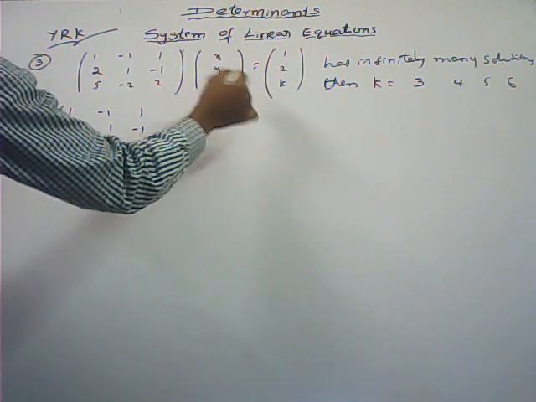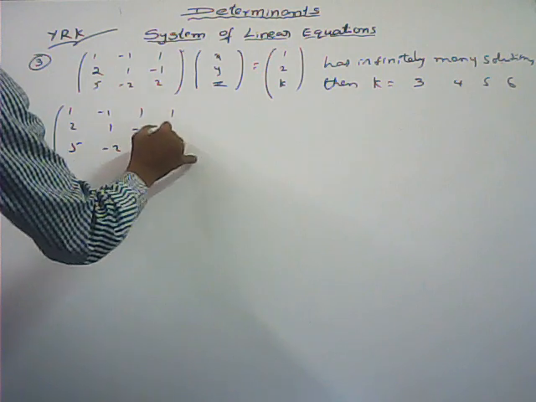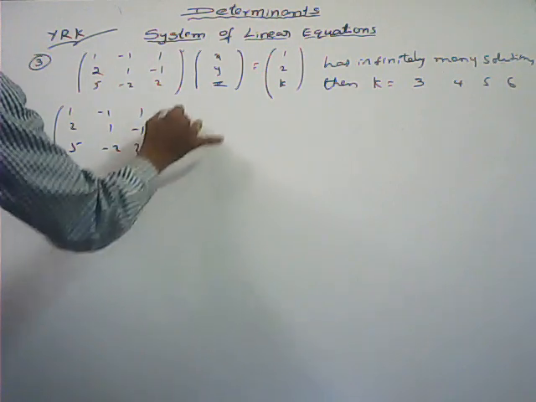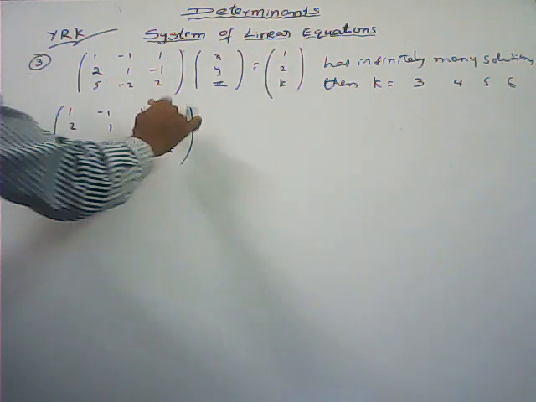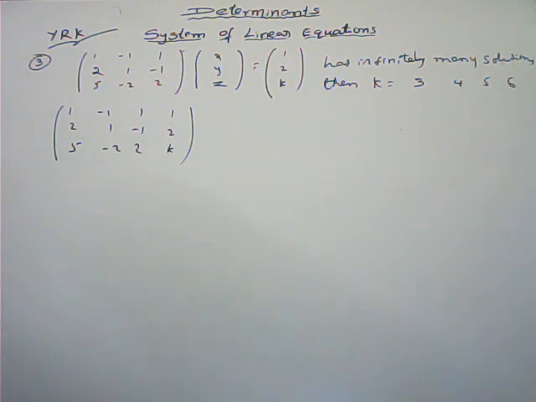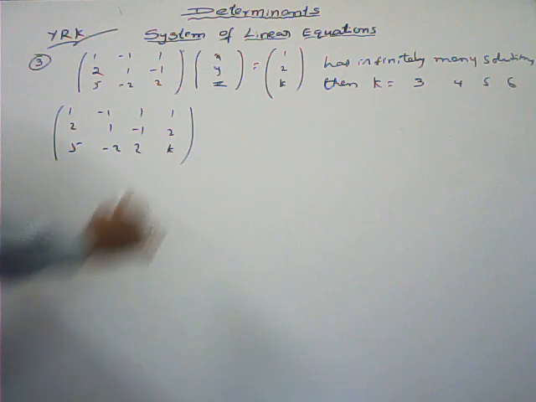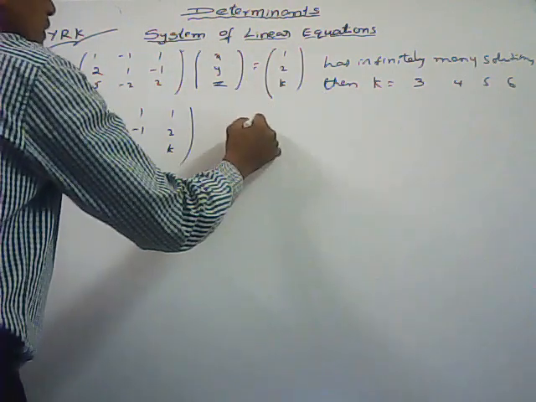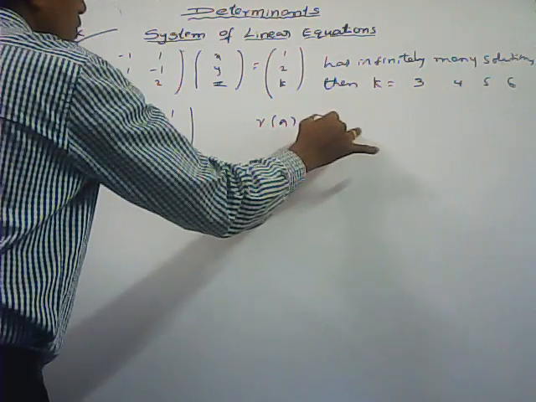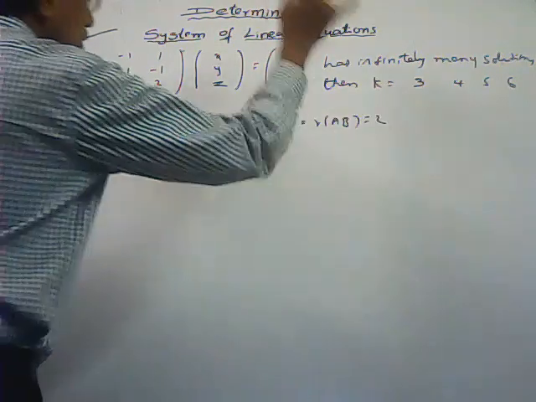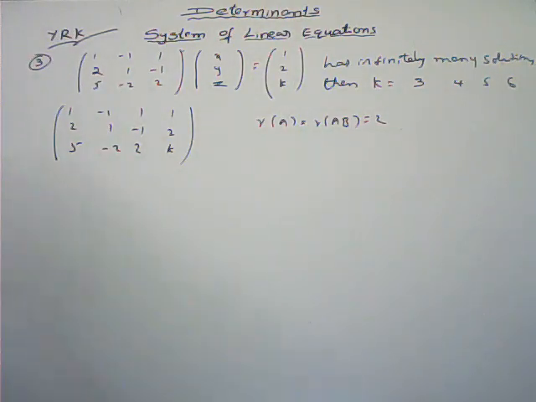And what about the constants? Those are the constants. This is the augmented matrix. Now it has infinitely many solutions. Here also the same thing: the rank of A is equal to the rank of the augmented matrix, both equal to 2. Only 2 non-zero rows are there.